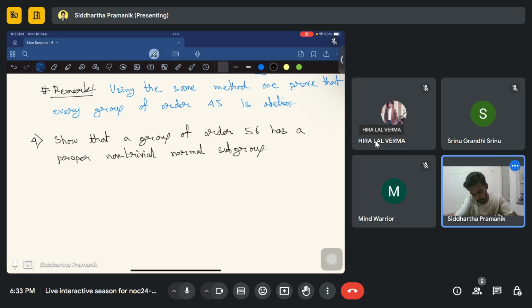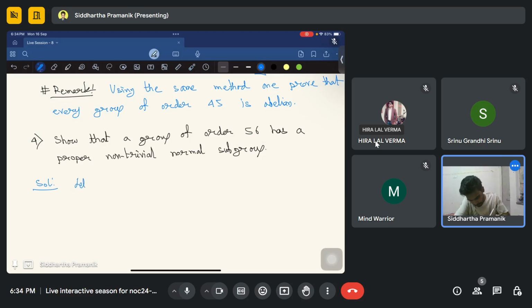So that means a group of order 56 cannot be simple. So if G is a group of order 56, we need to produce a proper non-trivial normal subgroup.